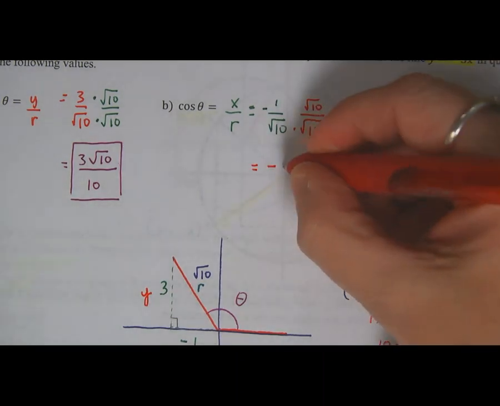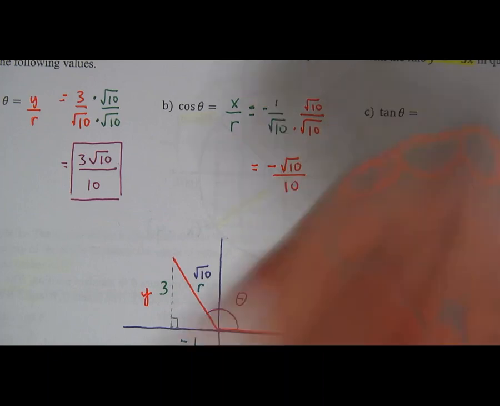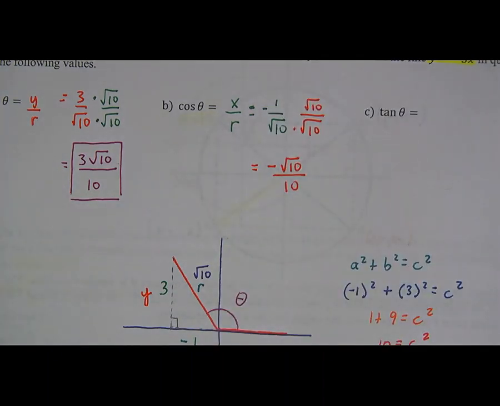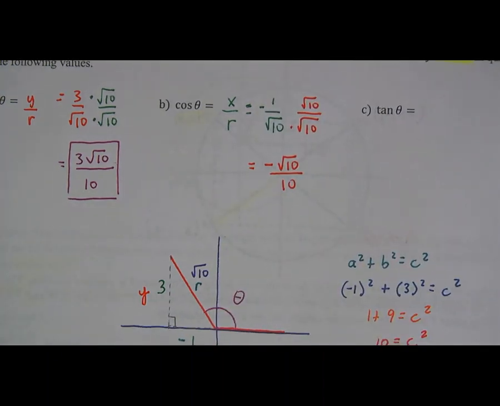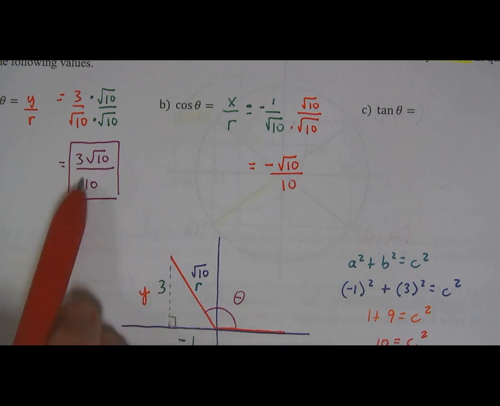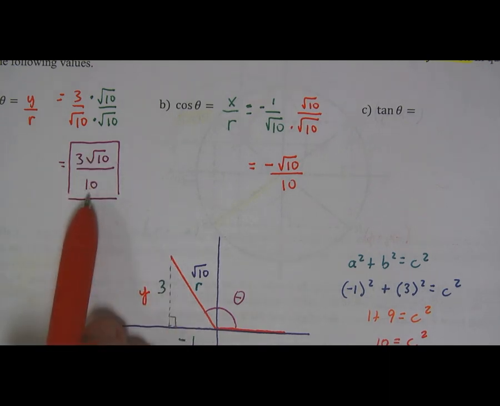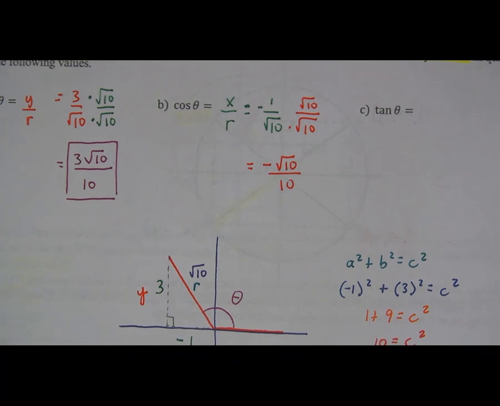So that's going to be negative root 10 over 10. Notice cosine of theta that terminates in quadrant 2 is negative. Sine of theta that terminates in quadrant 2 is positive. I'm going to talk about that on Friday as well.